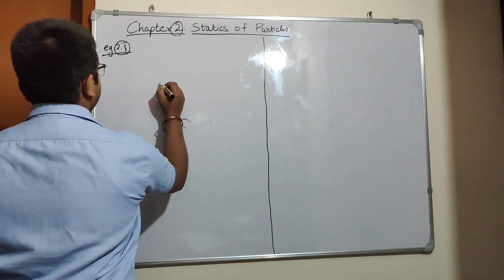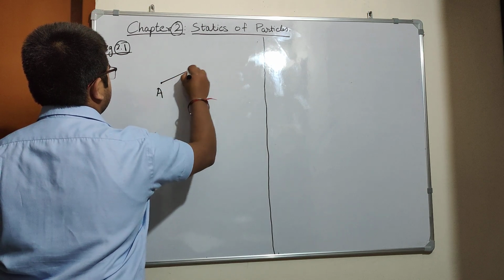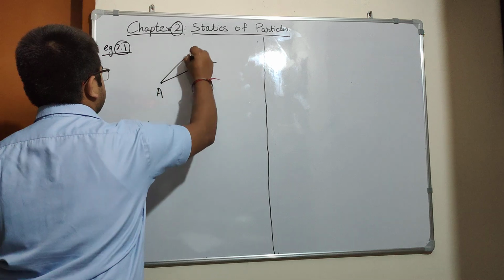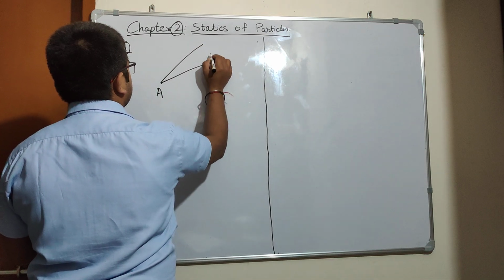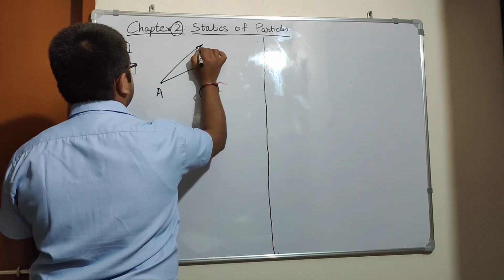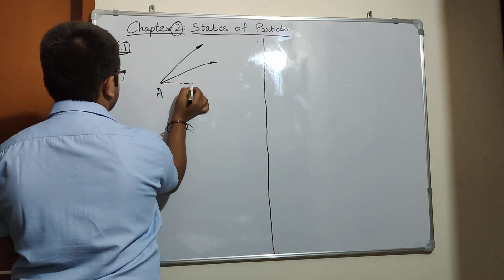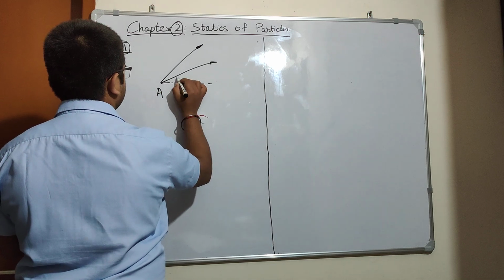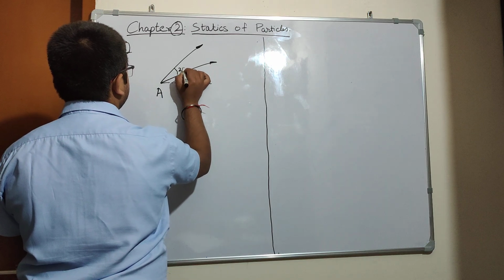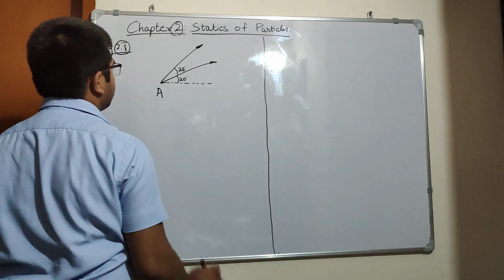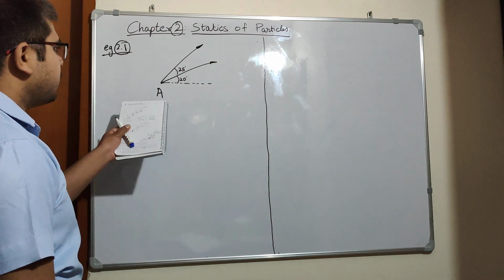We have this point A here, and one force is acting like this, another force is acting like this. This is 20, this is 25. We have to find their resultant.